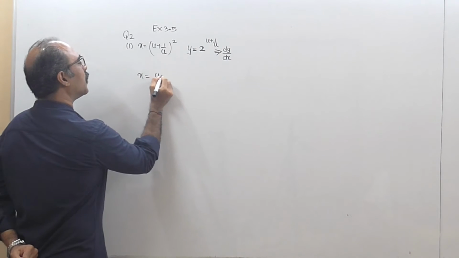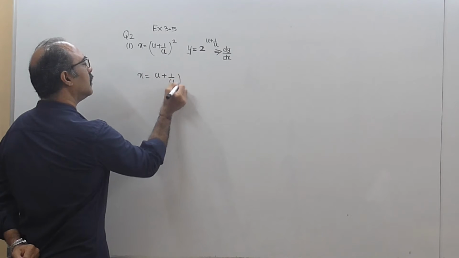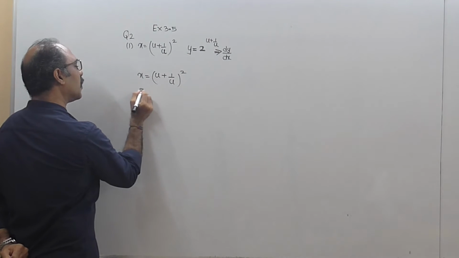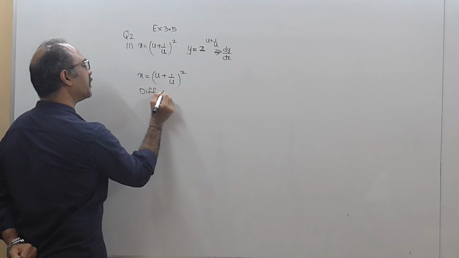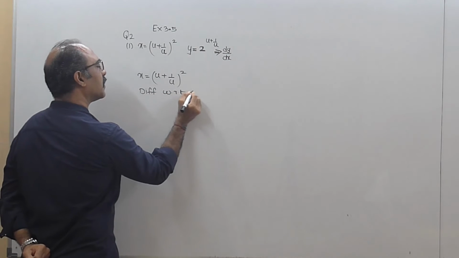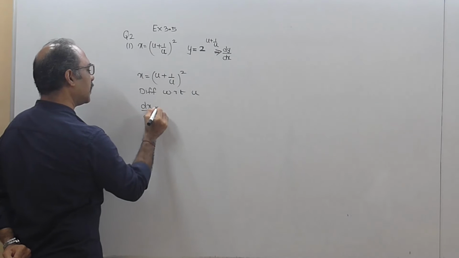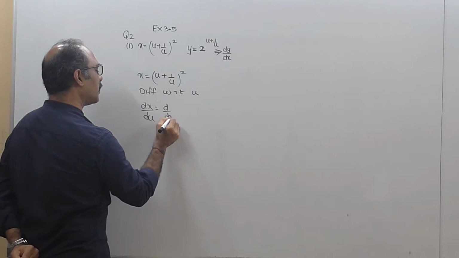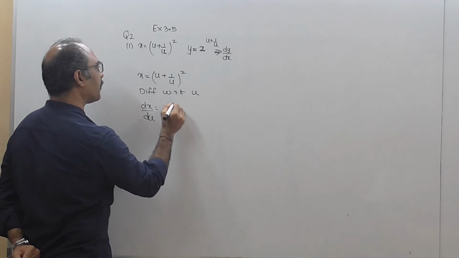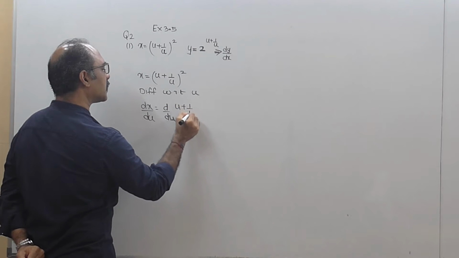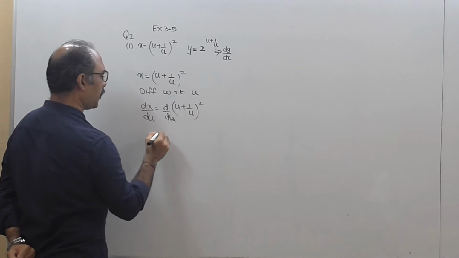So x equal to u plus 1 upon u the whole square. So we can go for differentiate with respect to u. So we get dx by du equal to d by du of u plus 1 upon u the whole square.